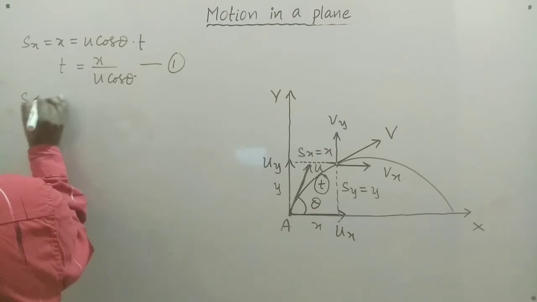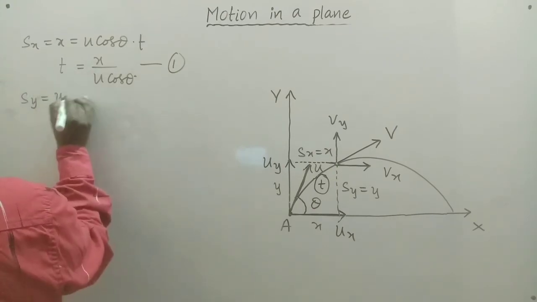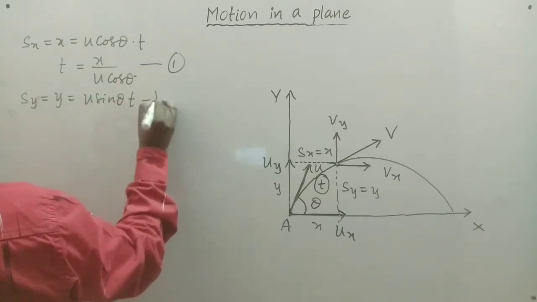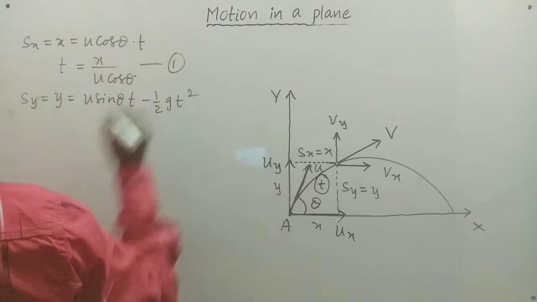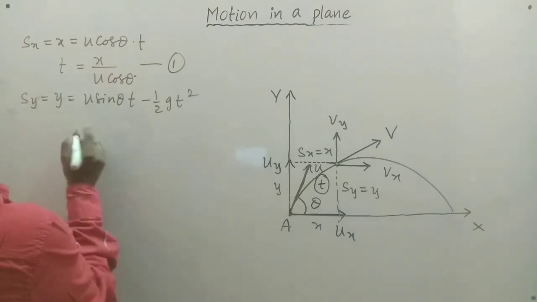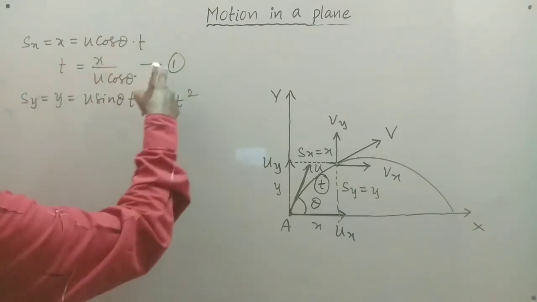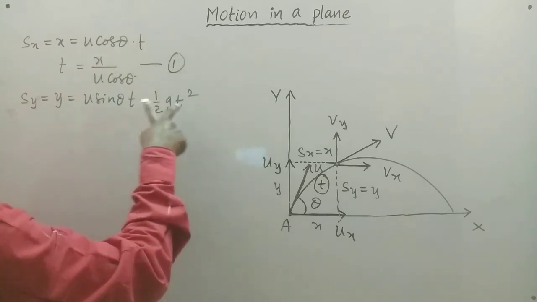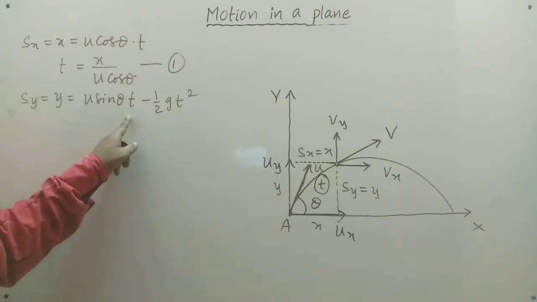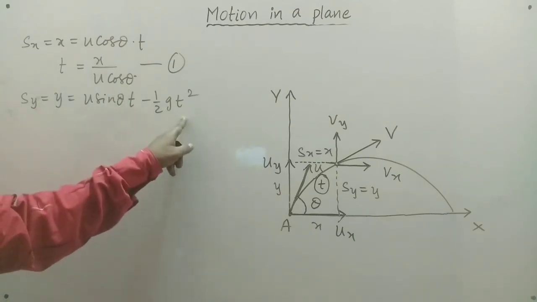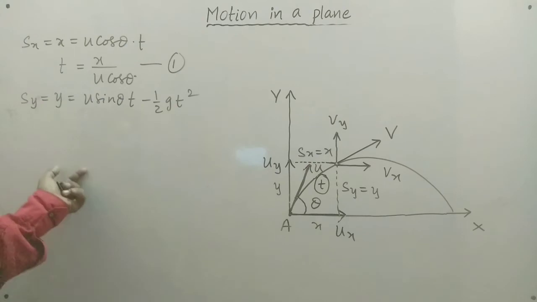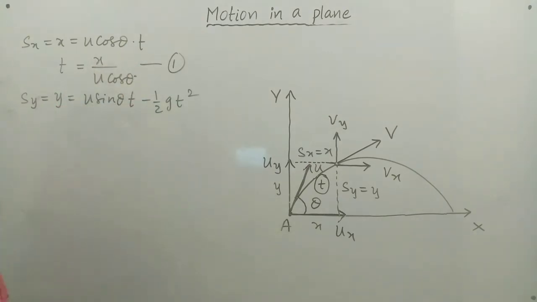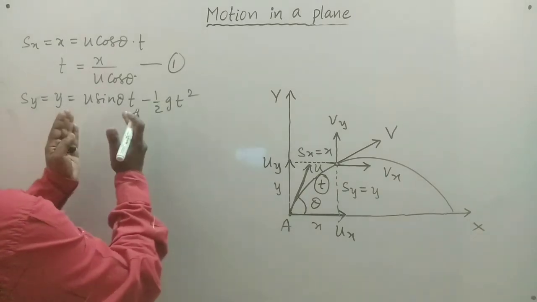Sy, what we got? Y is equal to u sin theta into t minus half g t square. Here t value written in equation 1, we have to substitute in equation 2. Then t will be eliminated. We will get y equation in terms of x and theta. Right? From that we can prove.